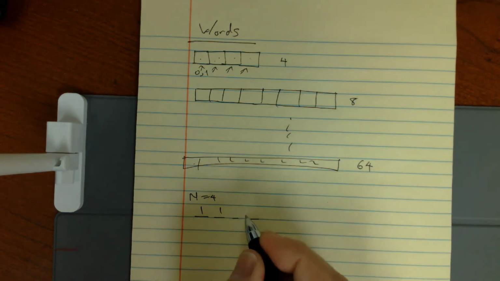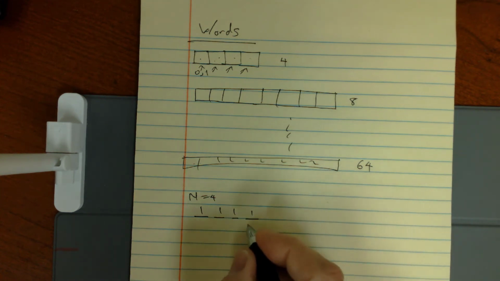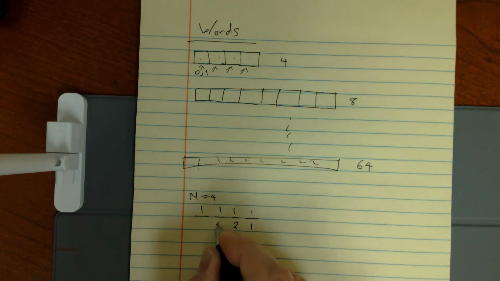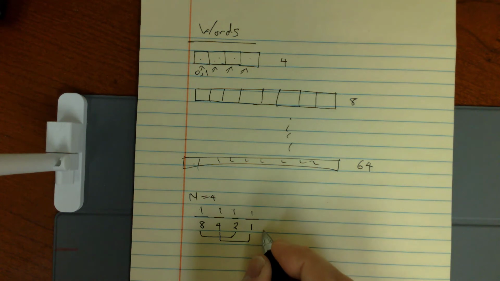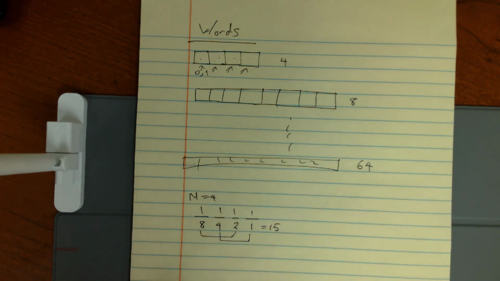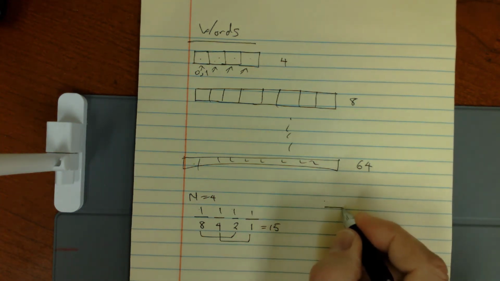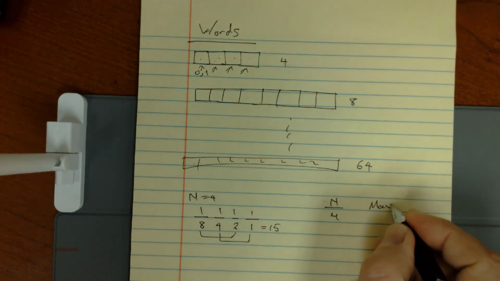Well, you would put 1 in for all of them. This one represents 1, this one represents 2, this one represents 4, this one represents 8. So I would have 10 plus 5, equal to 15. And so if n is equal to 4, the max number is 15.